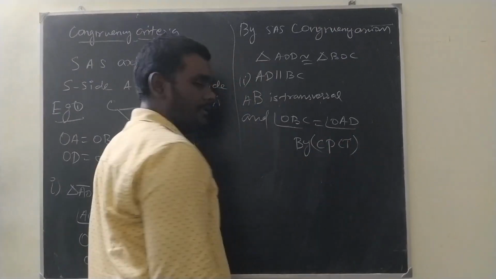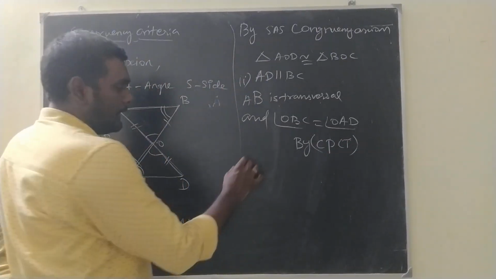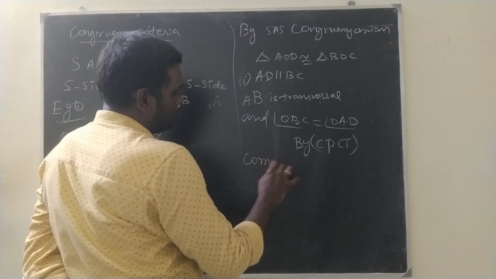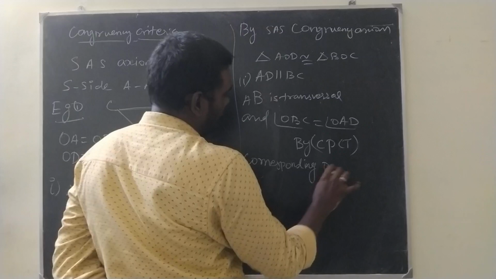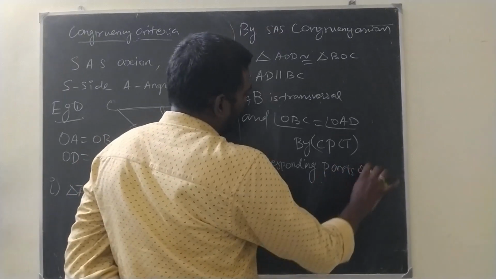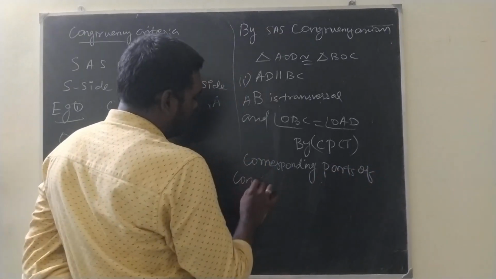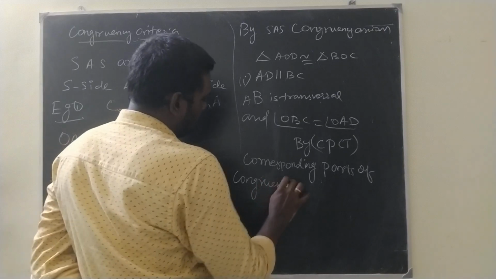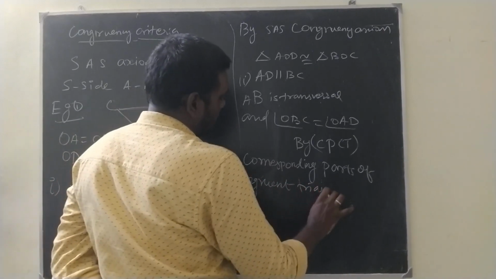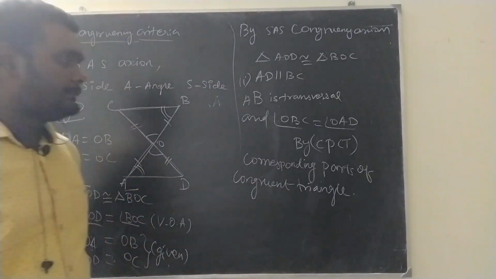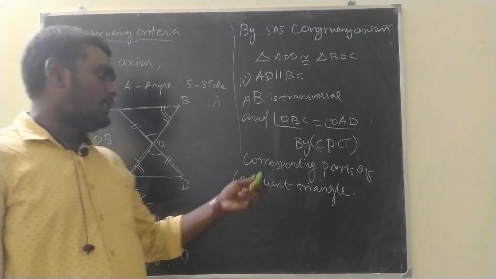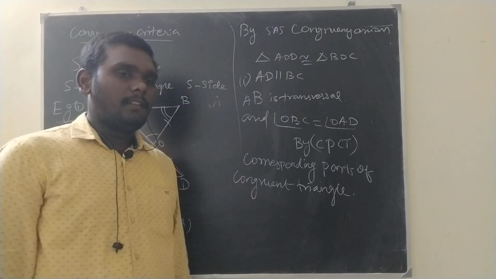What is this abbreviation CPCT? Corresponding parts of congruent triangles. Corresponding parts of congruent triangles. In short, we may say CPCT.